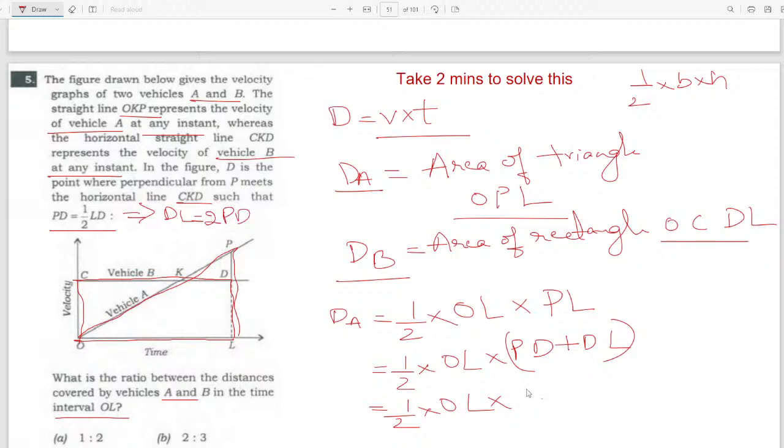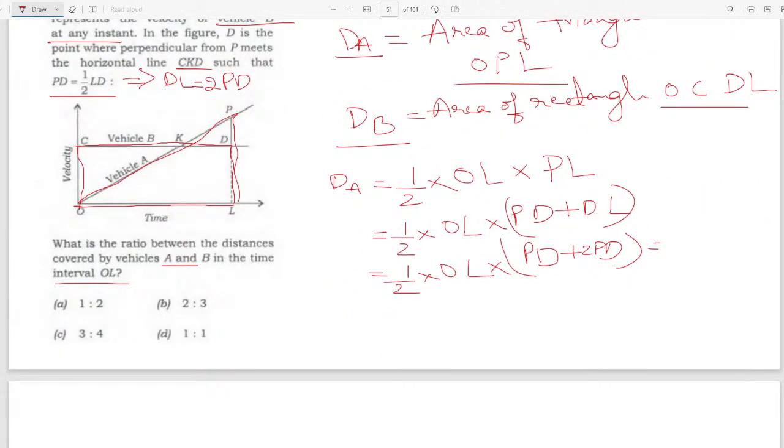So this is PD plus 2 PD, which is equal to half into OL into 3 PD. This is the distance traveled by vehicle A: half into OL into 3 PD.